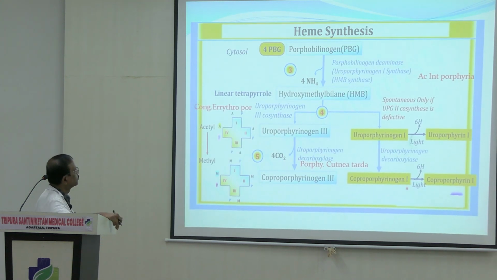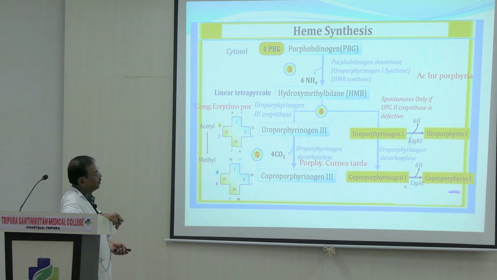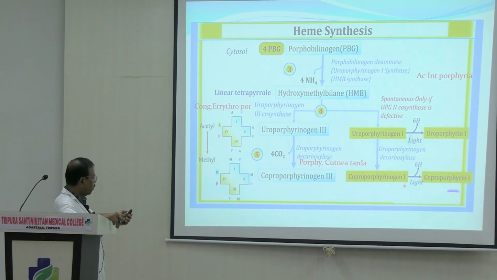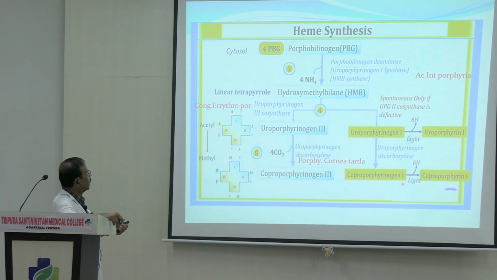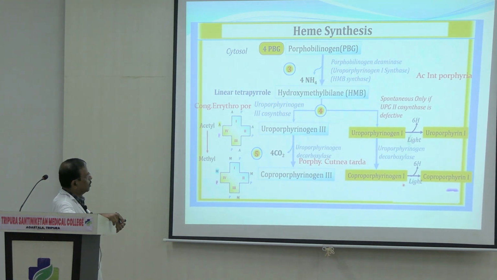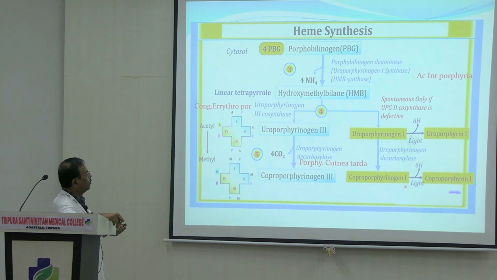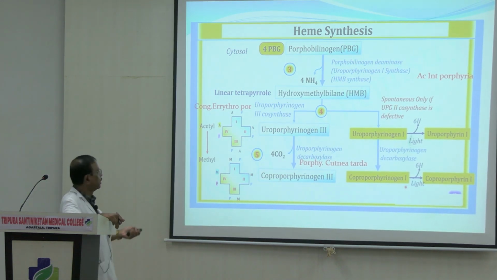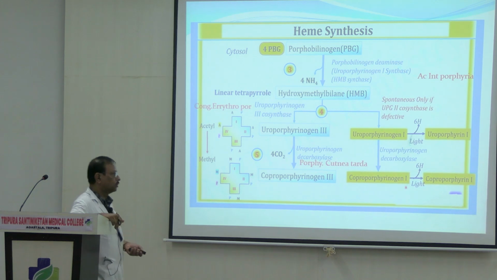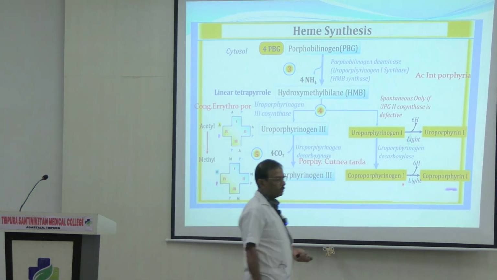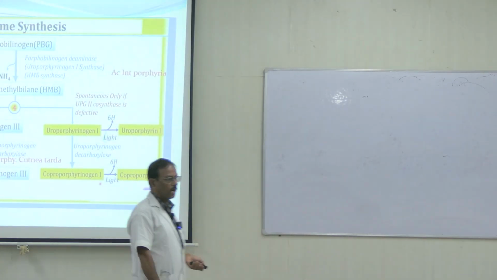Now in the third step, 4 molecules of porphobilinogen combine to form hydroxymethylbilane. Hydroxymethylbilane is a tetrapyrrole.